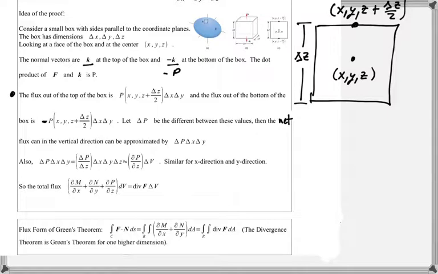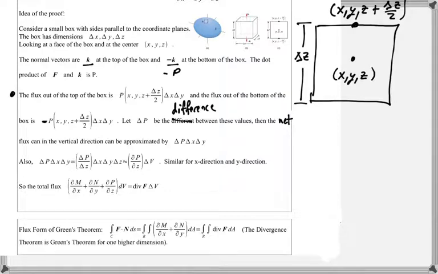Let delta P be the difference between the values, so the value out of the top of the box and the bottom of the box. Then the net flux in the vertical direction can be approximated by delta P times delta x times delta y.